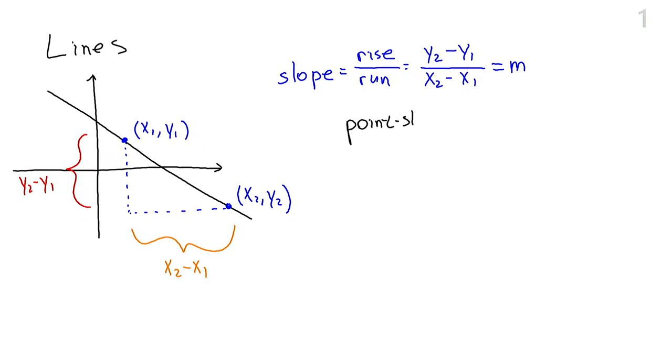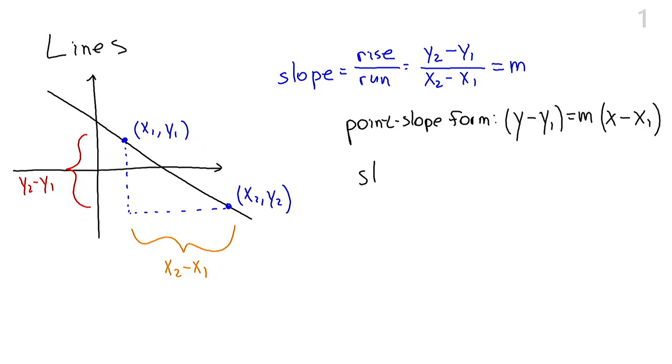The point-slope form of a line is y minus y1 equals the slope m times x minus x1. So if you know the slope m and you know a point that your line goes through, you can readily write the point-slope equation of a line.